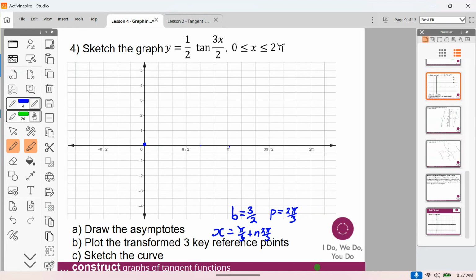So pi over 3 is 2 marks. So here. This is x equals pi over 3. Our next asymptote would be back here, so we can show the principal period. This is x is equal to minus pi over 3.